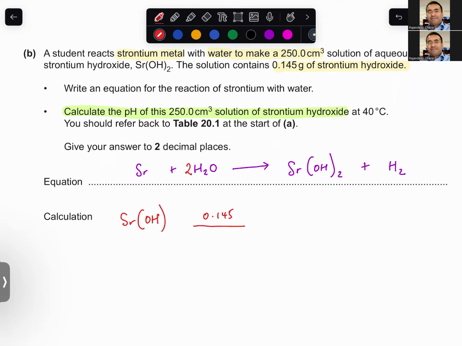Strontium is 87.6. This gives us 0.00111924 moles.